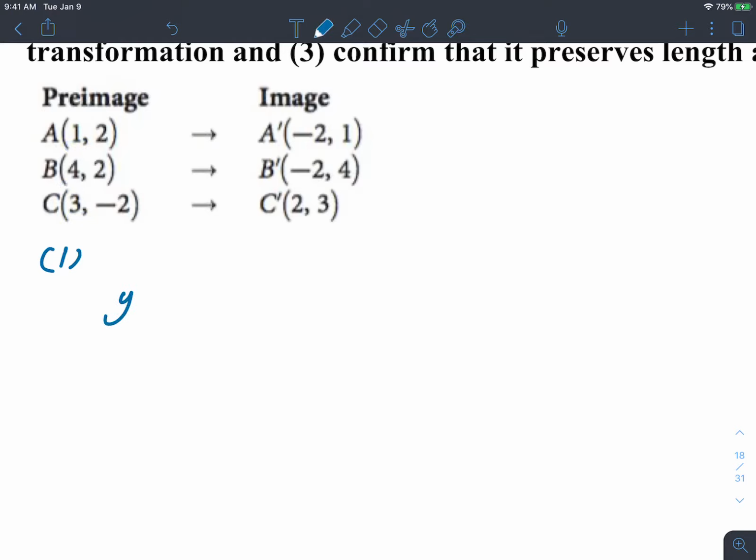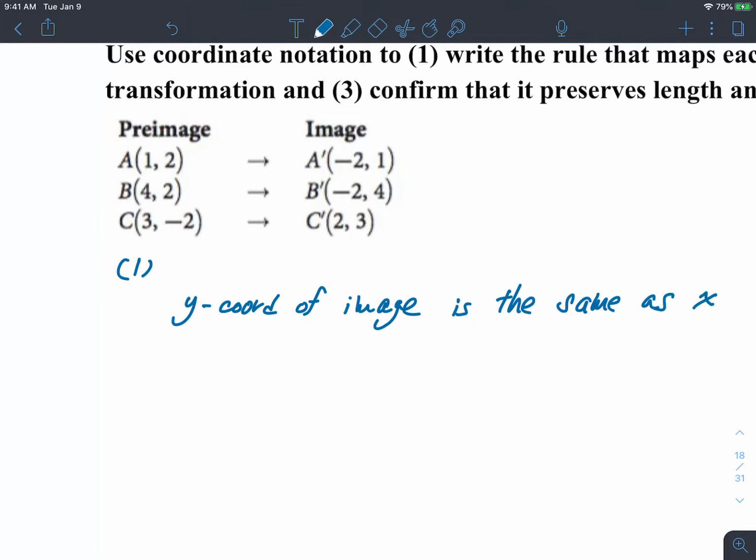The y coordinate of the image is the same as x. So when I say x and y, we are operating on the assumption that that is the pre-image or the original value. Okay, so these are xy's.